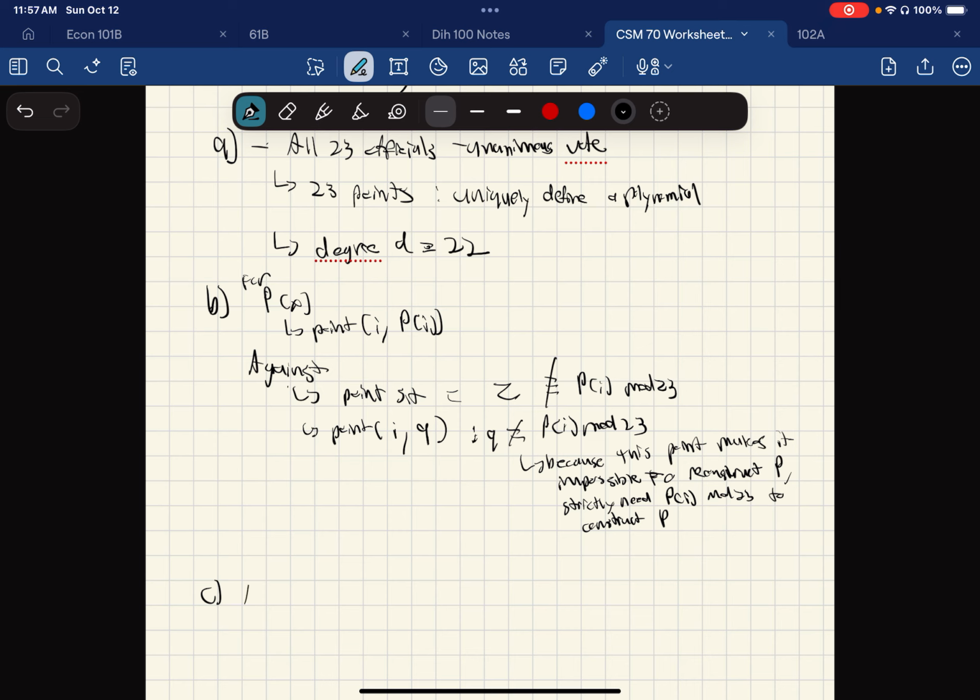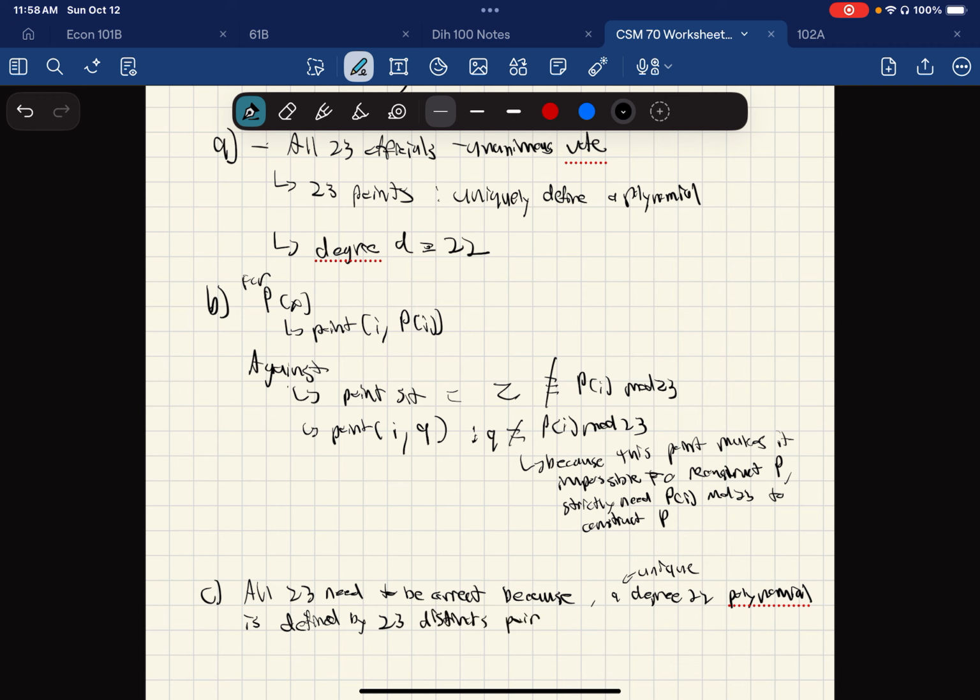As we were talking about in B, all 23 points need to be correct, because a unique degree 22 polynomial is defined by 23 distinct points.